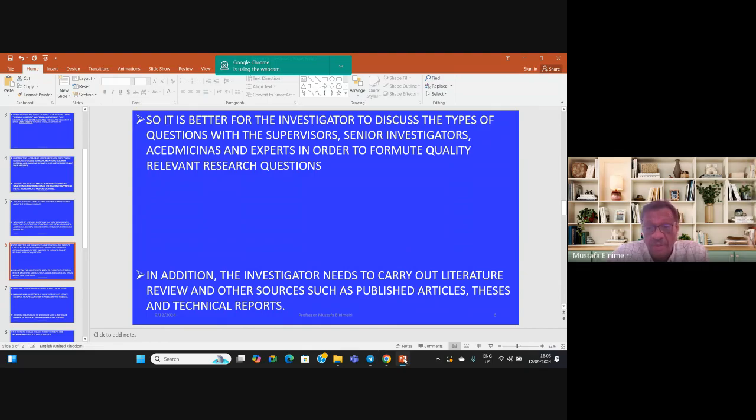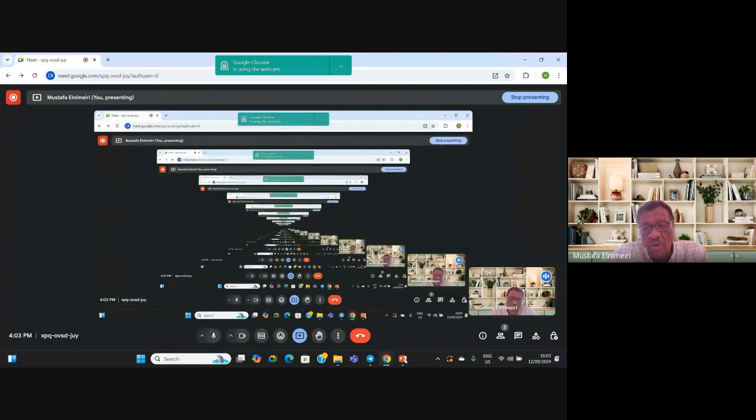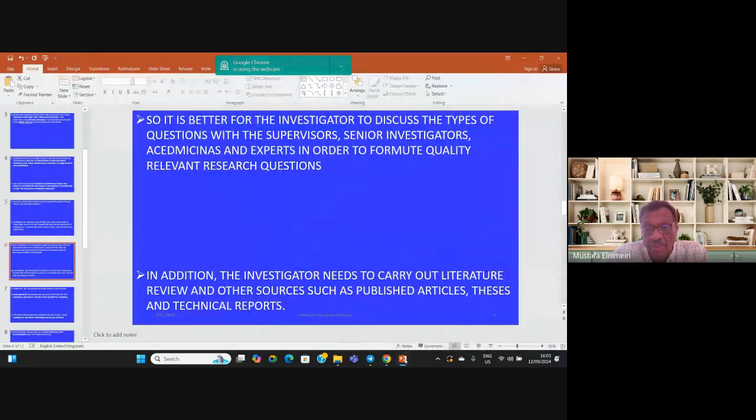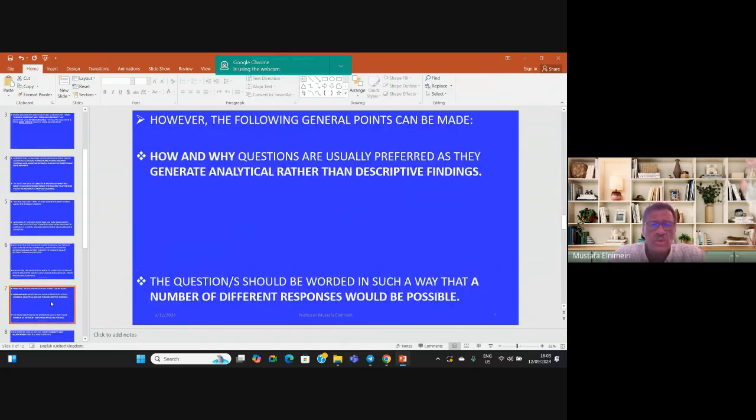In addition, the investigator needs also to carry out thorough literature reviews, so that he or she can come upon the common types of research questions formulated relevant or related to his or her discipline, such as reviewing published articles, theses, and technical reports.